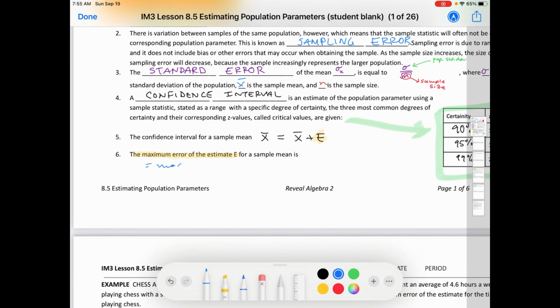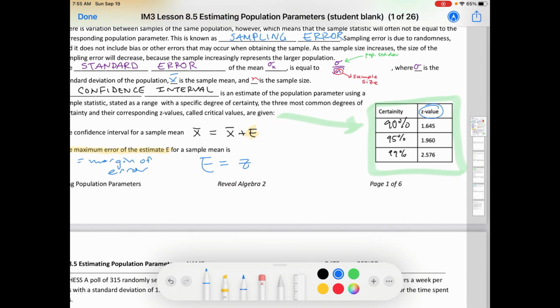And we basically have this formula for the margin of error. E, which is the margin of error or maximum error, is equal to z, which is a z-value from over here, times s over the square root of n. What do these all mean?